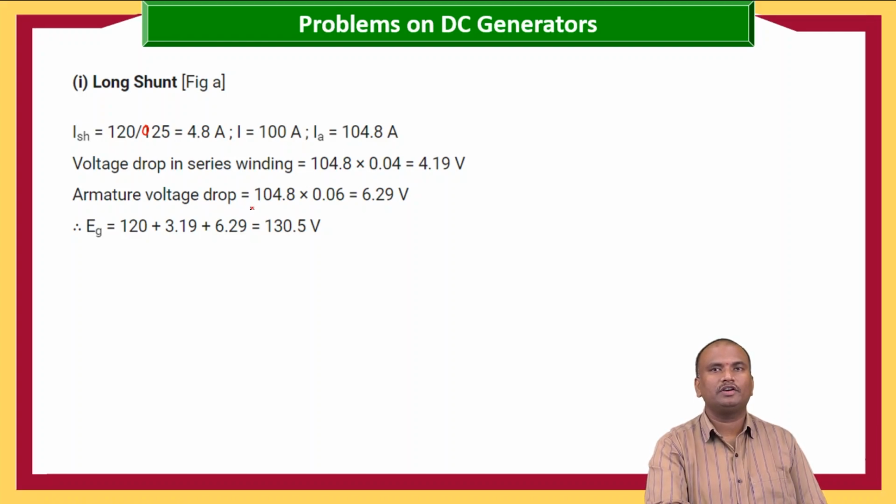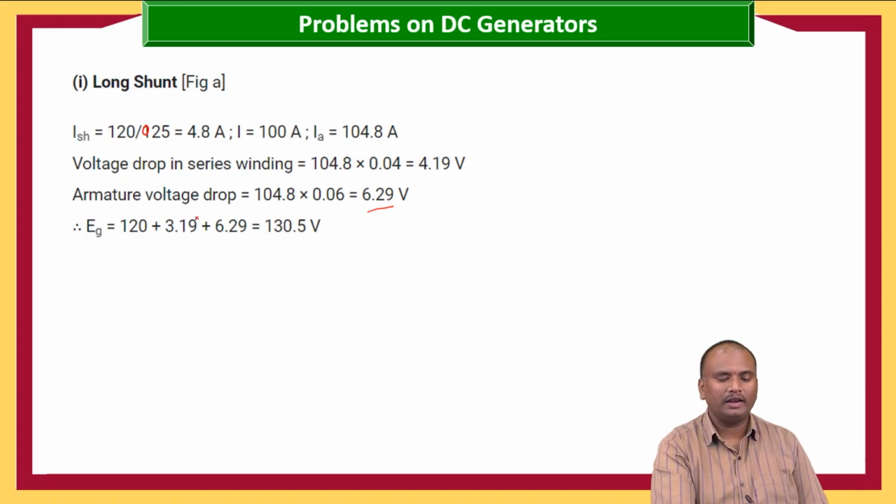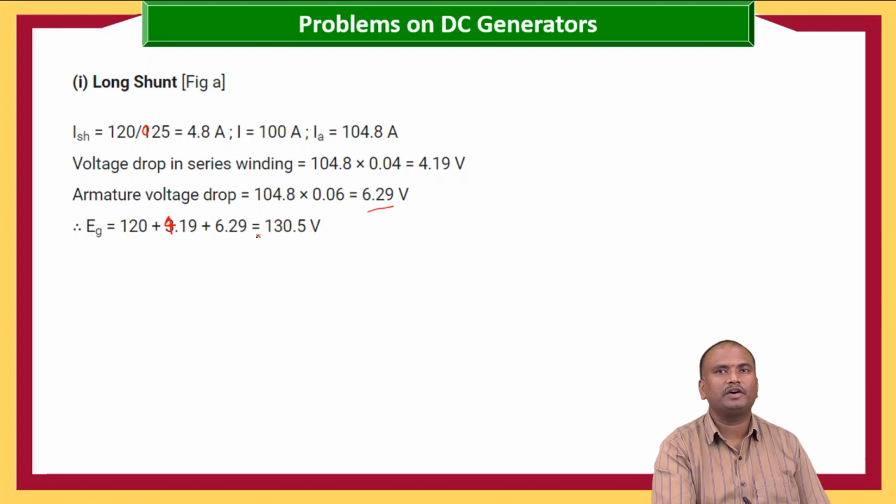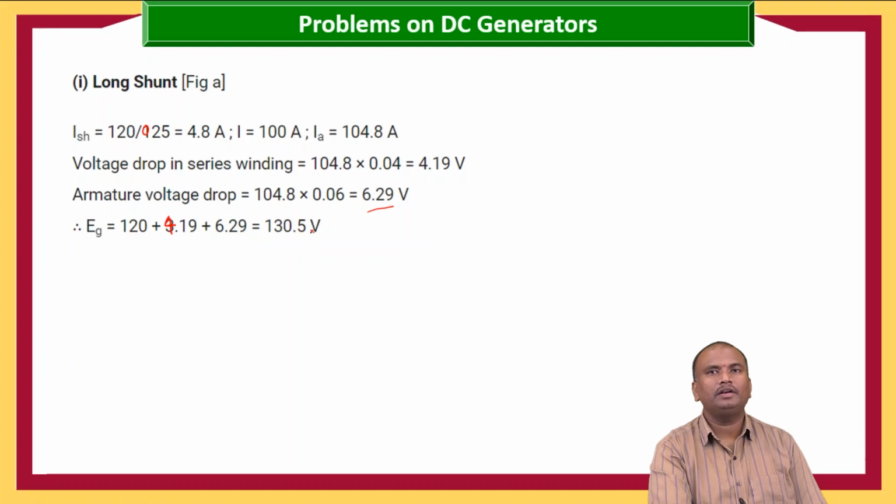And armature voltage drop is equal to 104.8 into 0.06, that is equal to 6.29 volts. So EG is equal to 120 plus 4.19 plus 6.29, which is equal to 130.5 volts.